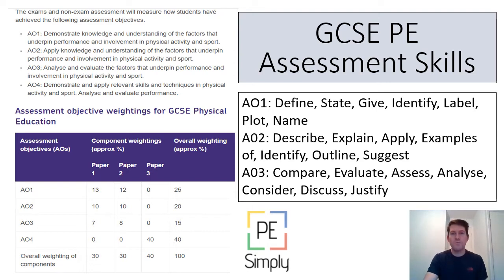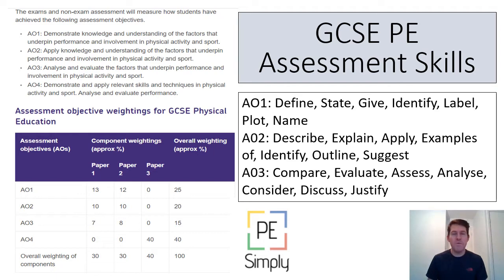When we look at AO2, for example, here we're providing examples. So we're applying our knowledge to various factors that underpin the performance. And here we need to be able to describe, explain, apply and provide examples to different topics.